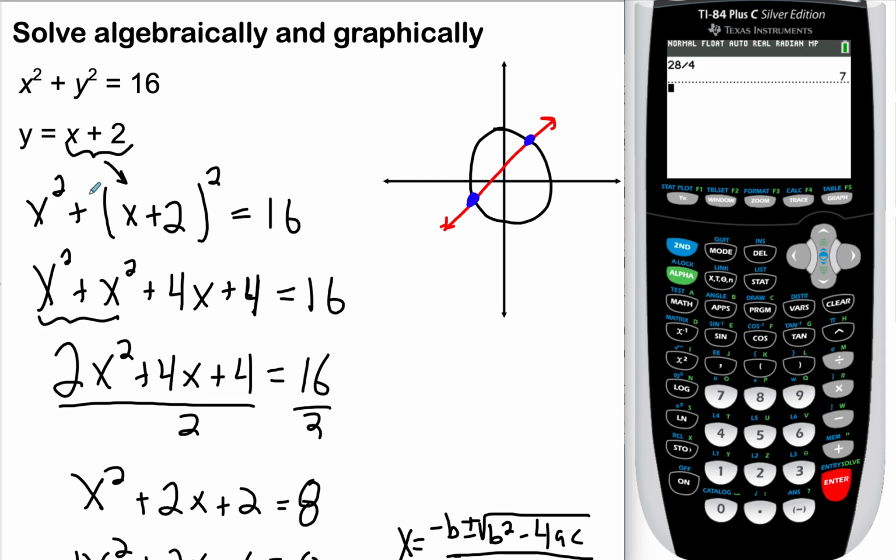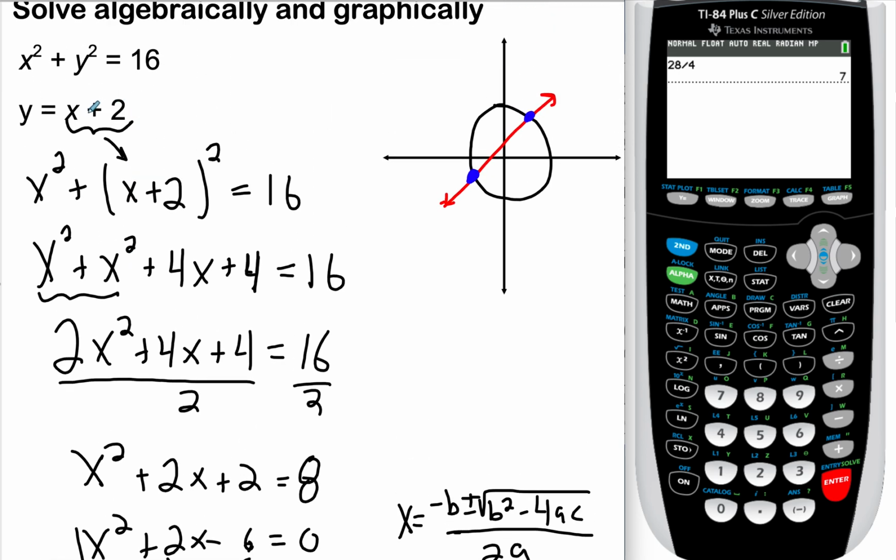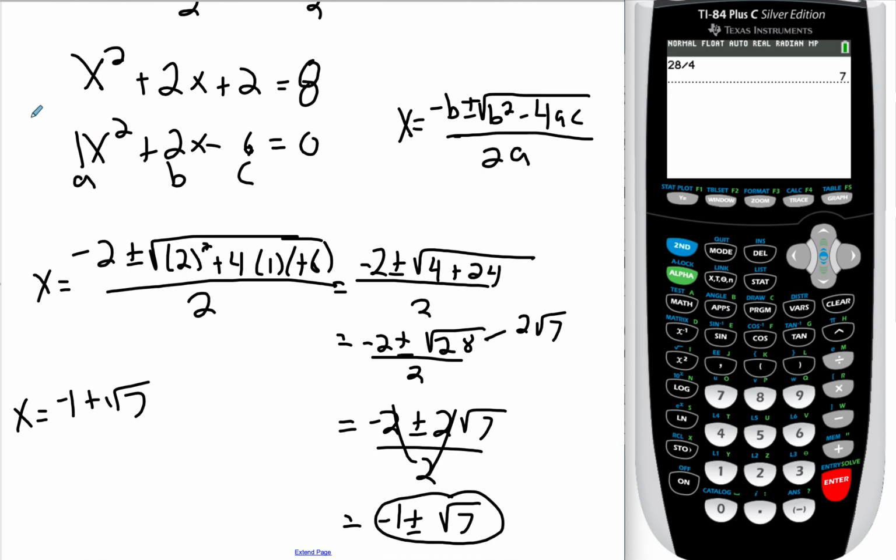Let's go back here and fix that. If we have plus root 7, I'm going to plug into the second equation to figure out what we got.